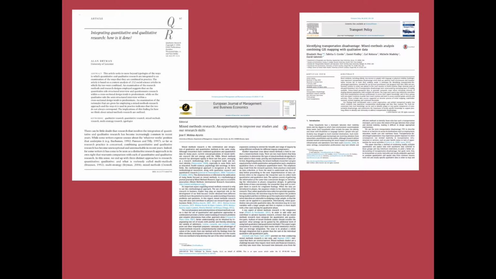This article is available to download from the course website, as are two other interesting articles, one dealing with a planning example combining GIS mapping data and qualitative data, and the other presenting another general overview of mixed methods approaches.